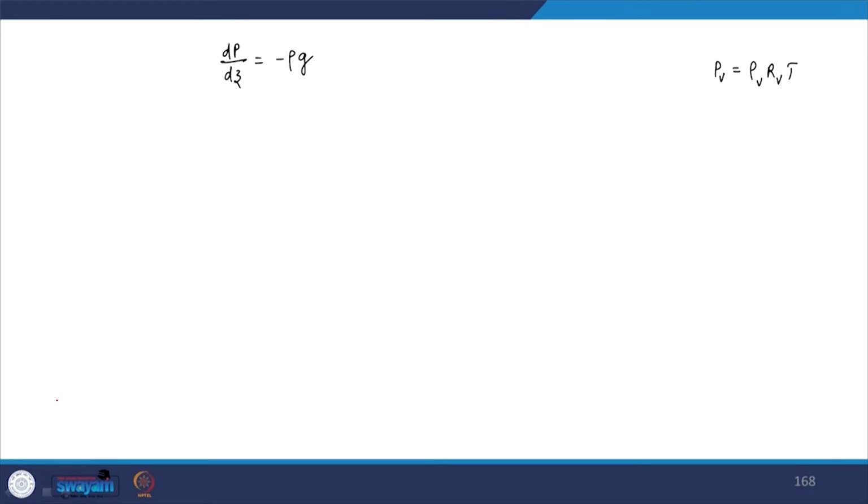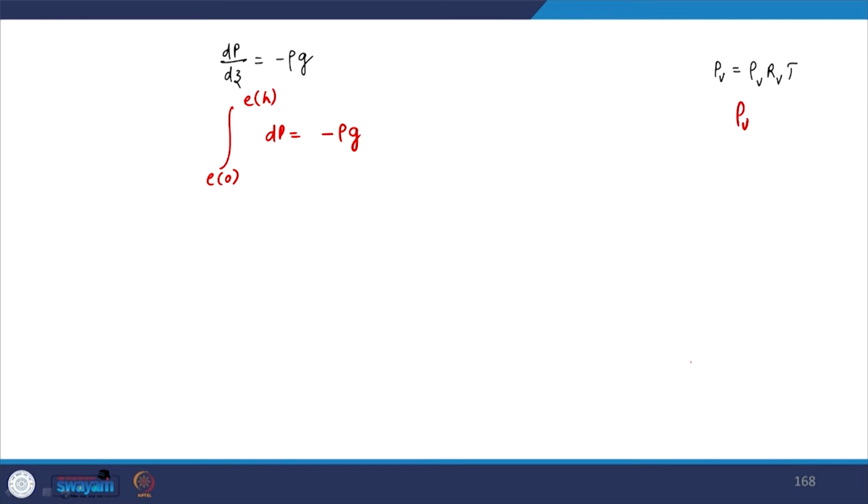Now, we want to understand how the pressure changes with respect to height. The difference of vapor pressure at height h compared to the vapor pressure in the water at the base of the tube is approximately equal to the negative of the weight of the vapor over a height h. Okay. So, we can integrate this equation from the vapor pressure at the surface to the vapor pressure at height h, dP equals minus rho g, right.